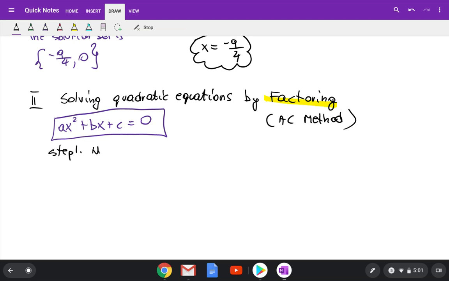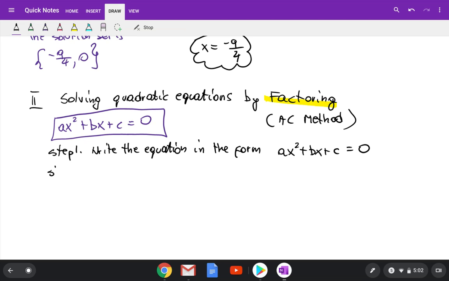write the equation in the form ax squared plus bx plus c equals 0.